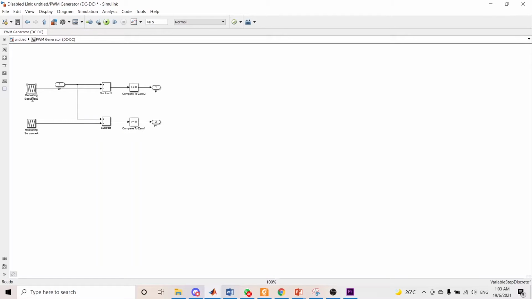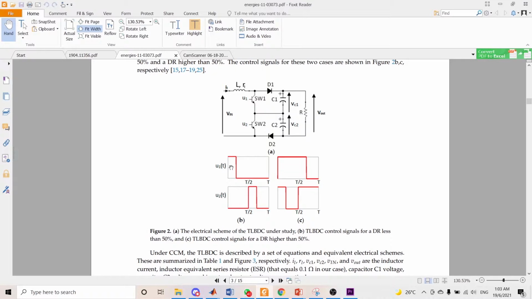In this 3-level boost converter, there are two switches. One switch will be the above one, and the other switch will be the bottom one.